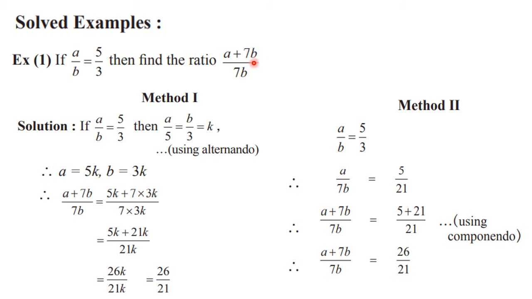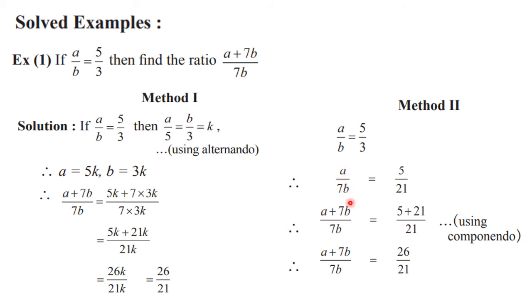What we can observe here is the denominator is 7b. It's not simply b, it's 7b. The numerator is as it is, a. So you write it on the left hand side. First decide what's the numerator, what's the denominator, and write it in the form of a ratio.